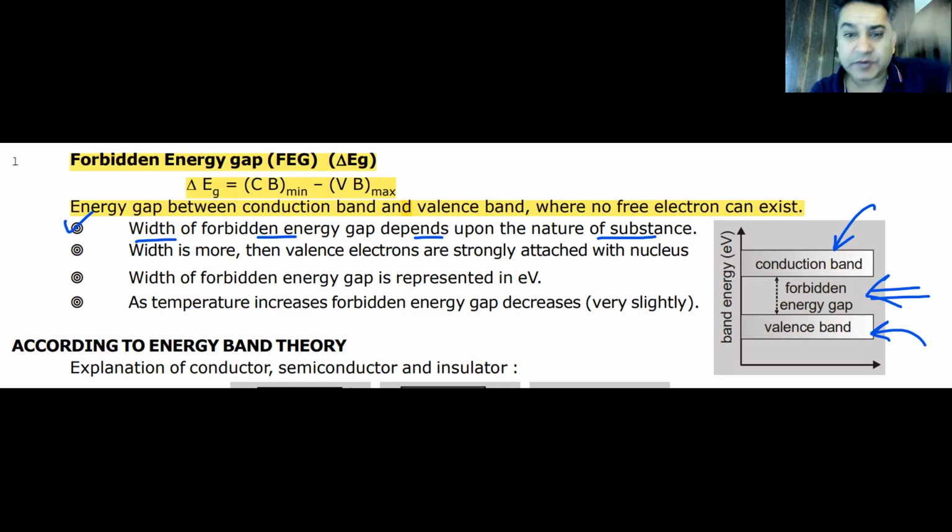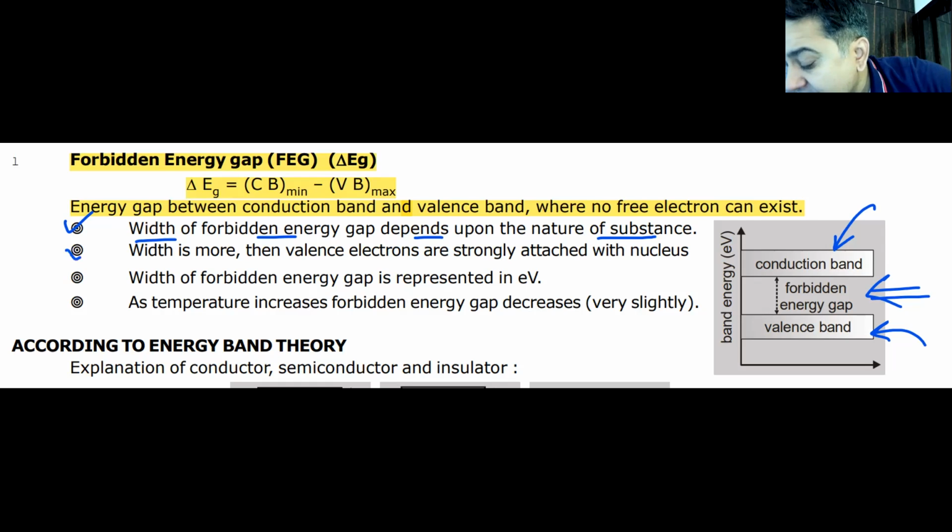Tell me, should the width be very high or very small? If the width is very high, they will not be able to jump and it will not be a good conductor. Do we understand this?